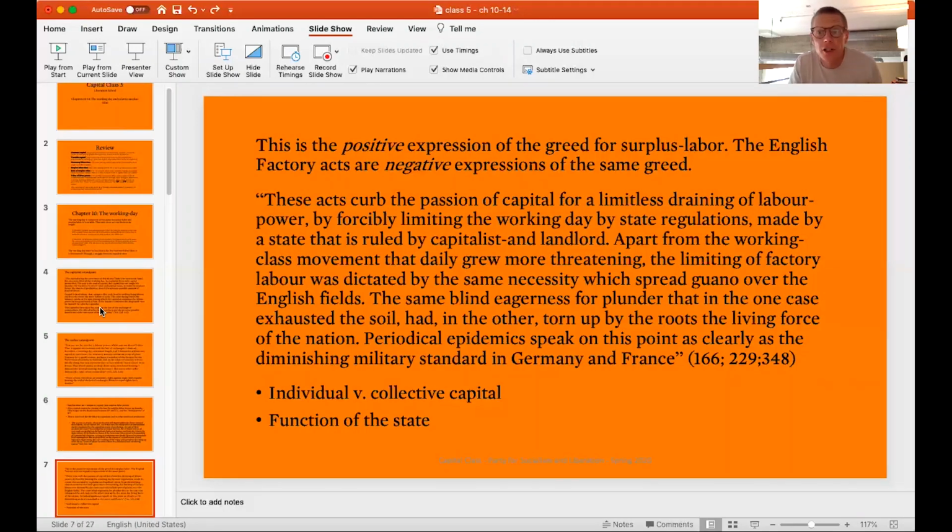And this is strategically important because, in figuring out the balance of forces in the class struggle at any moment, the contradiction between individual and collective capital can be a pressure point that the struggle can attack, right? And on the other hand, the state is managing the contradiction between capital and labor.